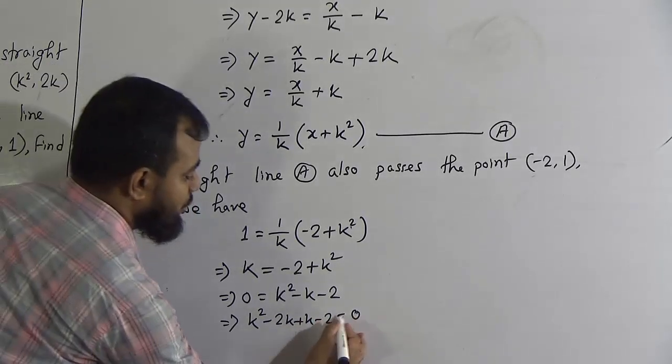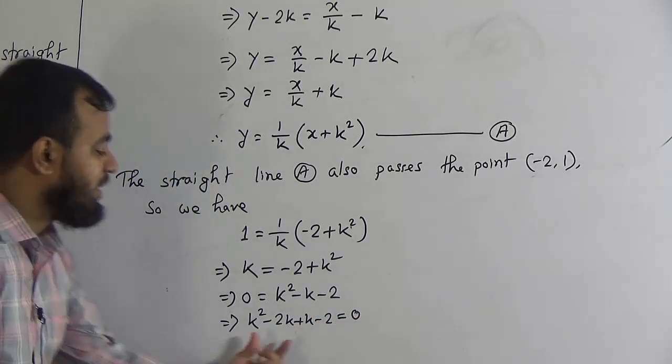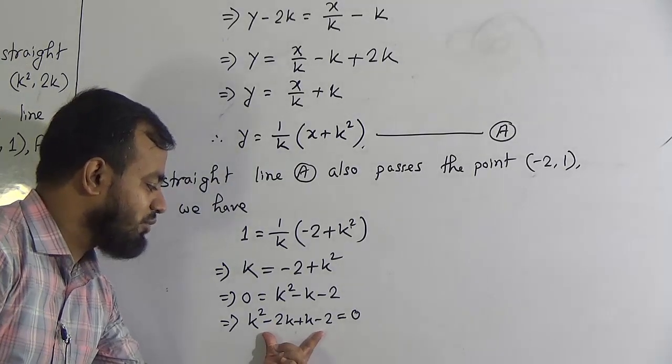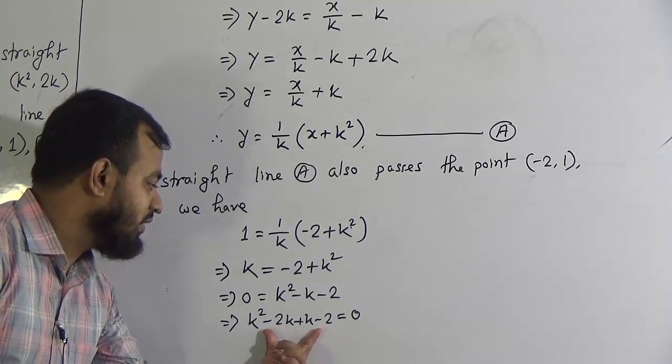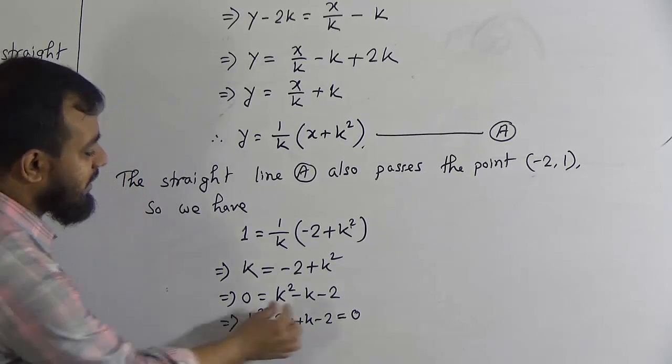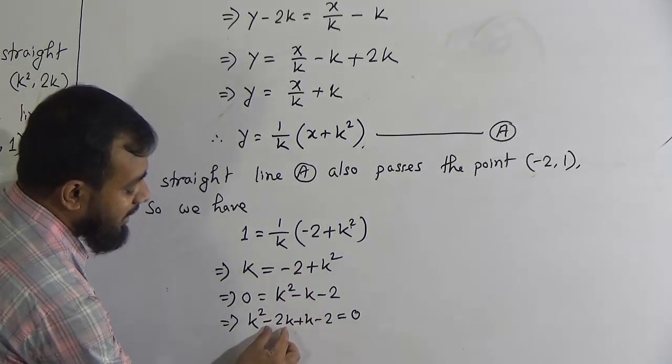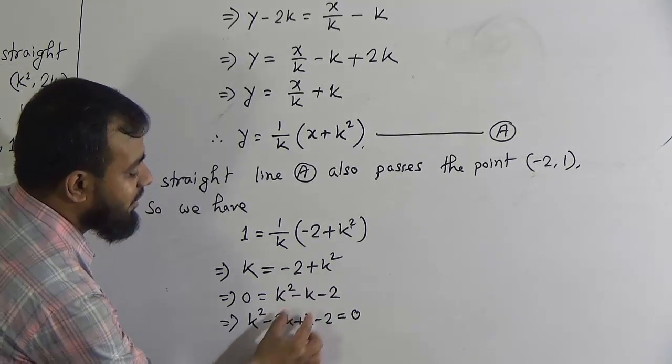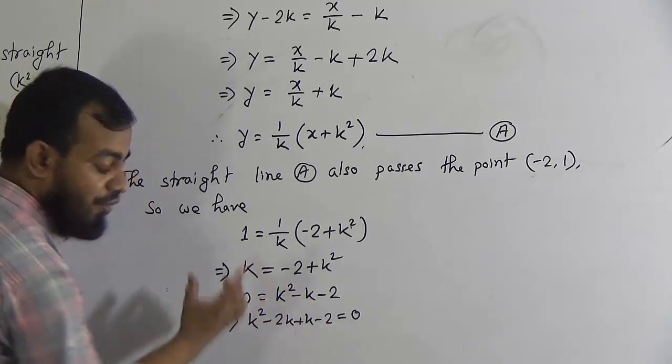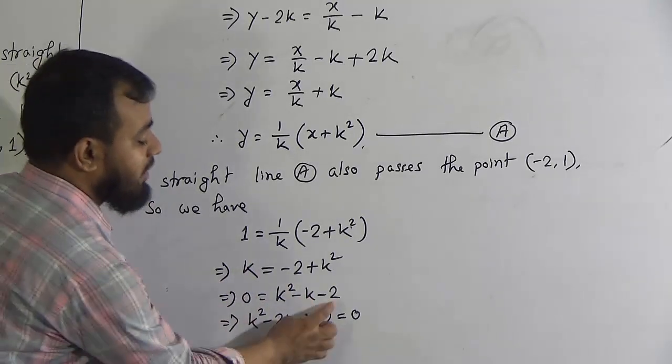I am going to solve this one by middle term factor. Then we will have k square, its minus k will be distributed with minus 2k and plus k. We will have this k back, and if we multiply the constant term, we will get the constant term again.